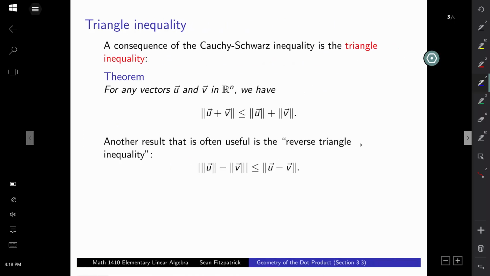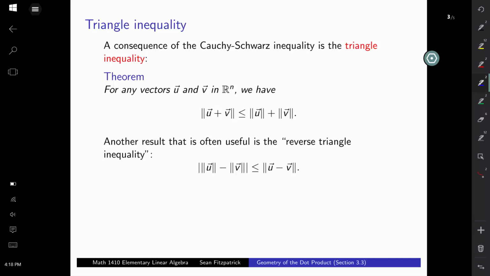Okay, so one of the properties that you can show holds for the dot product: using the dot product, you can show that this result called the triangle inequality holds for magnitudes. Right?